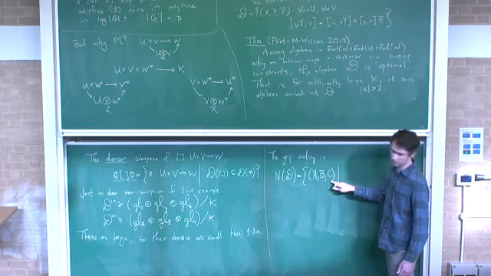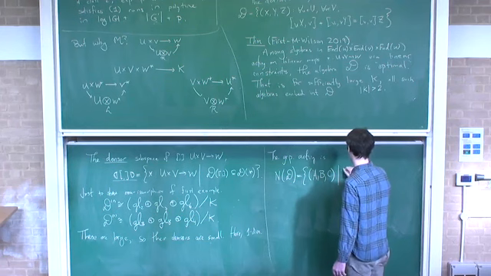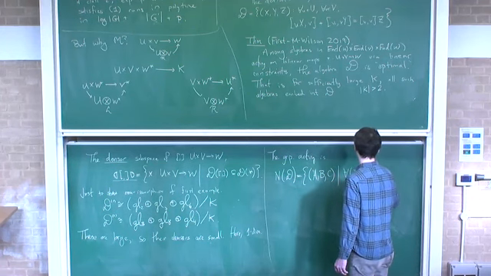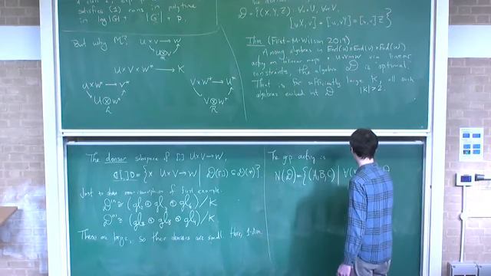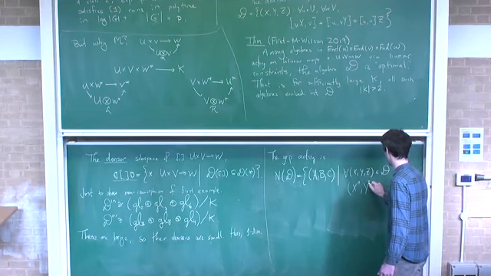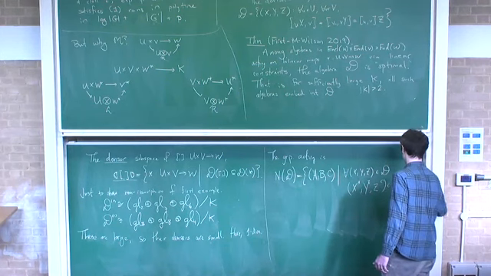A, B, and C are invertible matrices, and for all x, y, z, d, exactly what you expect from before has to hold.